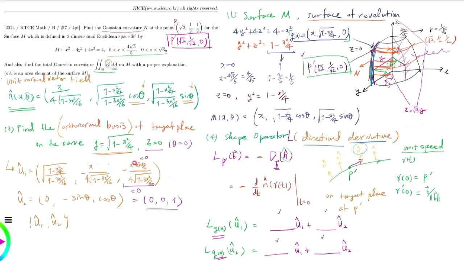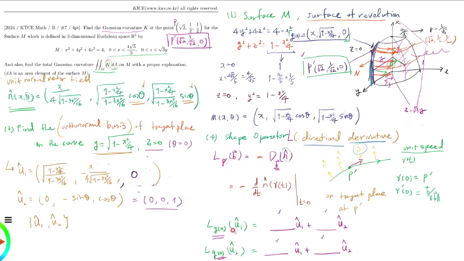Cosine of theta is 1 when theta is 0, and sine of theta is 0 when theta is 0. So this will be enough for our orthonormal basis on this generating curve here.